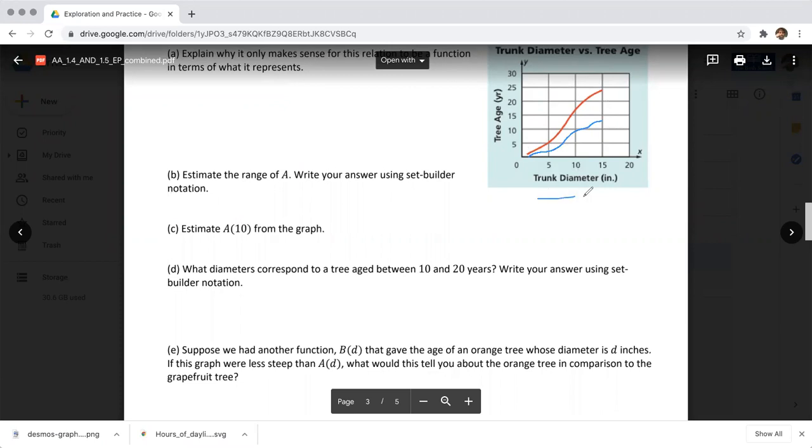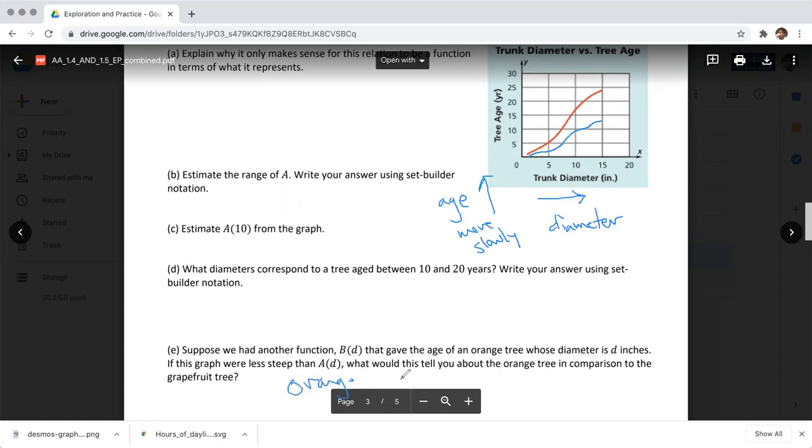So what I can see is as the diameters increase here, the age is going up more slowly for the blue one, right? So it basically means that less time is passing as the diameters get bigger. So diameters are getting bigger, less time. So that means the orange tree is growing faster.